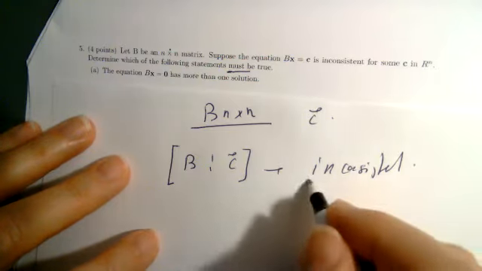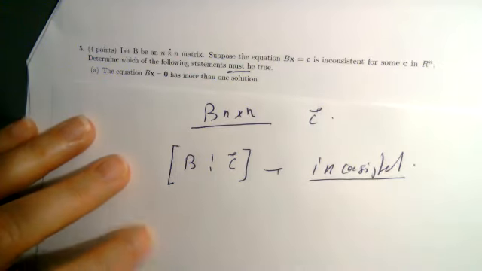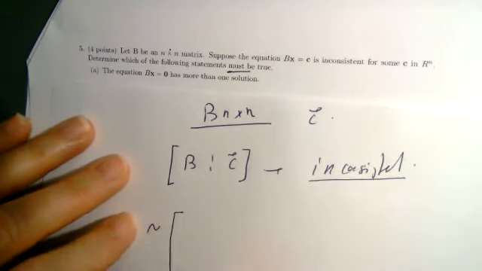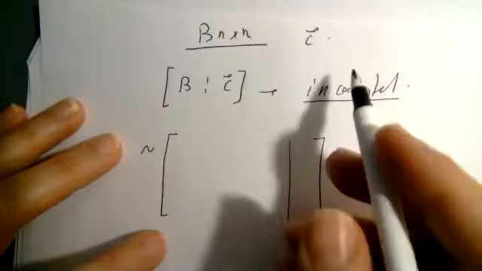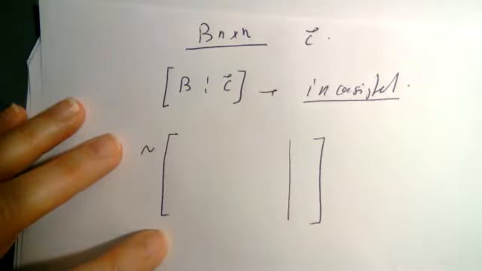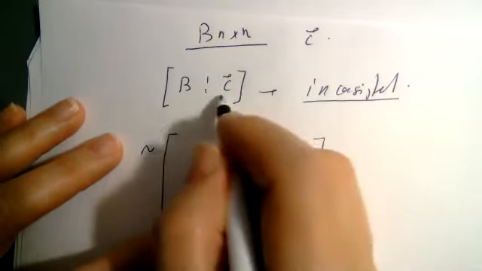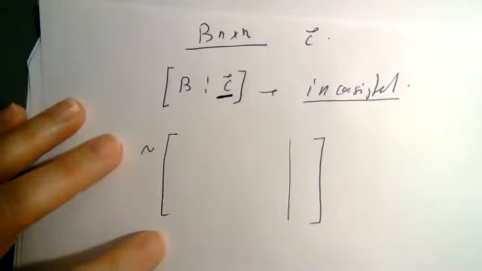Everybody is correct. Why? If this is inconsistent, what's going to happen when I reduce? It means this particular C causes inconsistency.